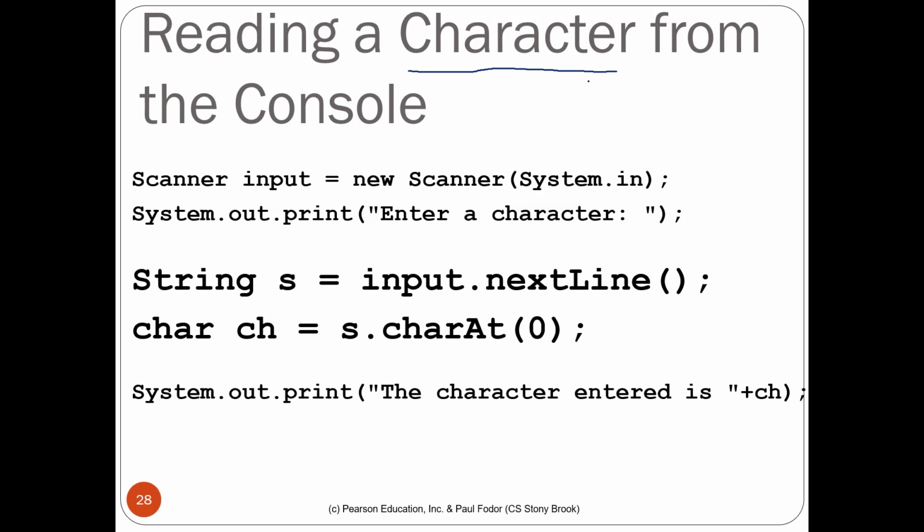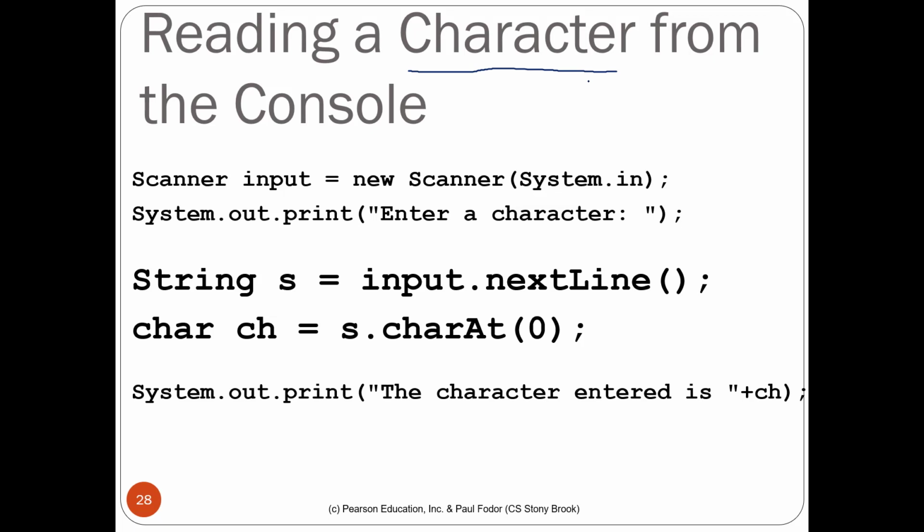We have the next method, which helps you get one string from the keyboard, terminated on the space. We have nextInt for integer, nextDouble for double, but we don't have a next character method. The next character method is not there in the Scanner class.